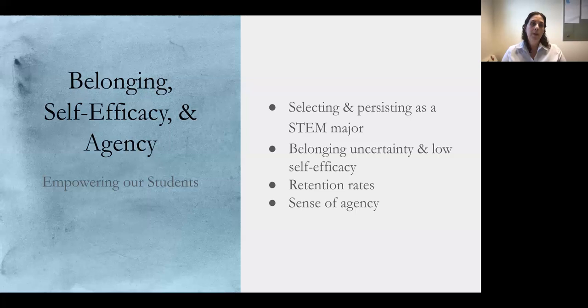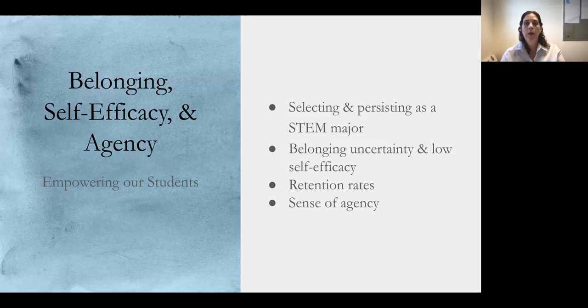And when I'm using this word self-efficacy, I'm using it as it was defined in the literature, where it's a sense that you have power or the ability to influence your immediate surroundings. In other words, you feel like you have control over the situation that you're in, or your surroundings.